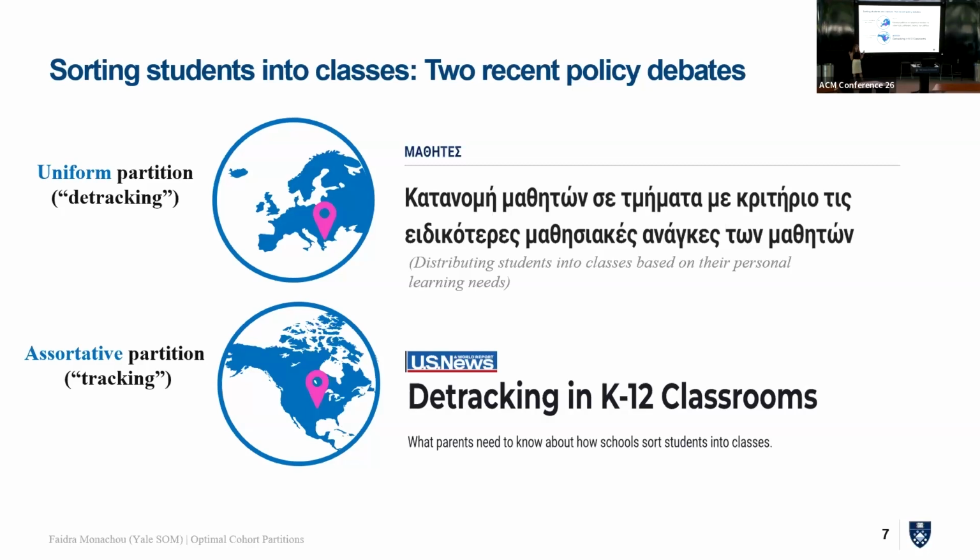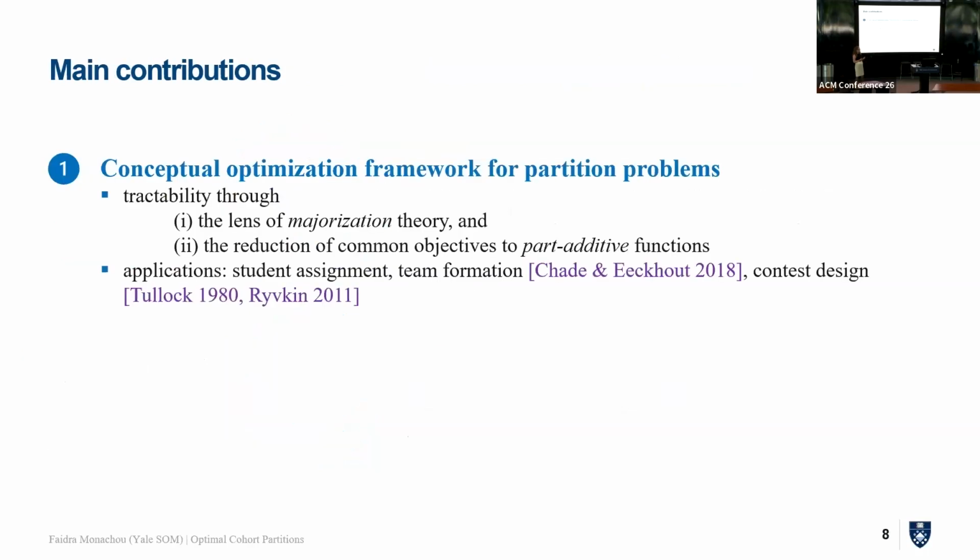So the main debate here is performance versus inequality. You might want the uniform partition or detracking to minimize inequality, or we might want the assortative partition or tracking to optimize performance.